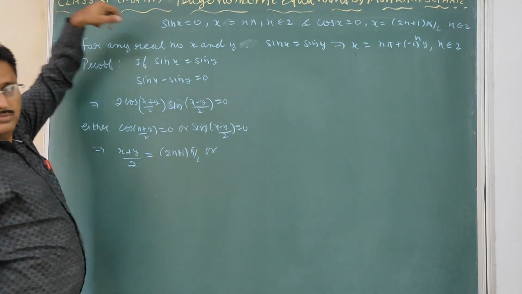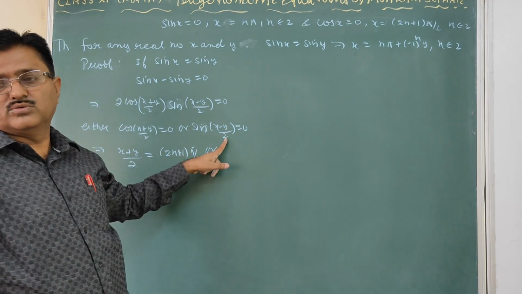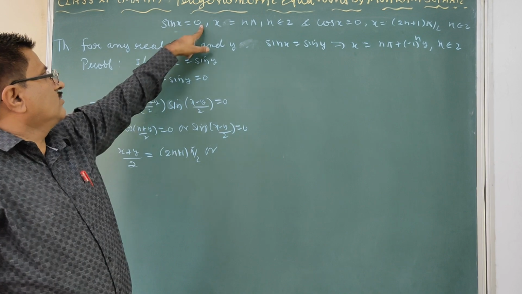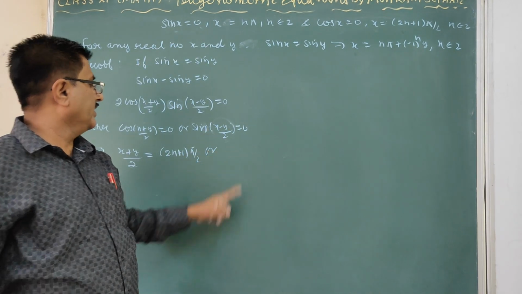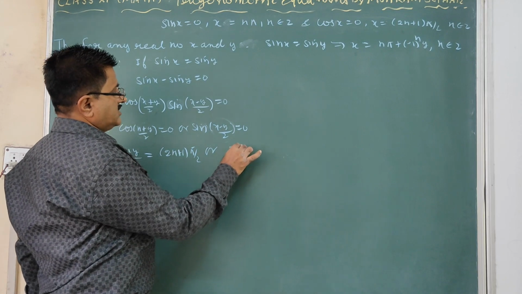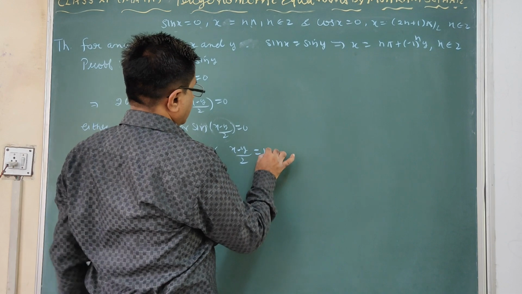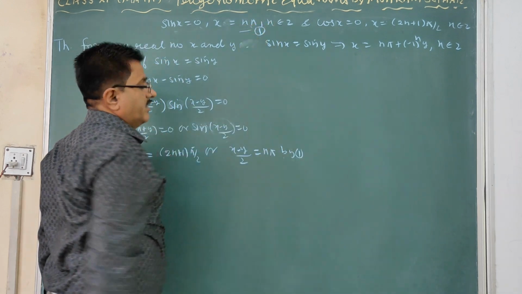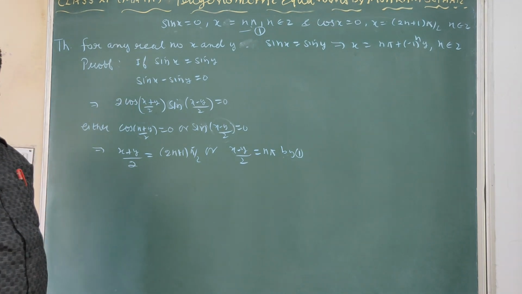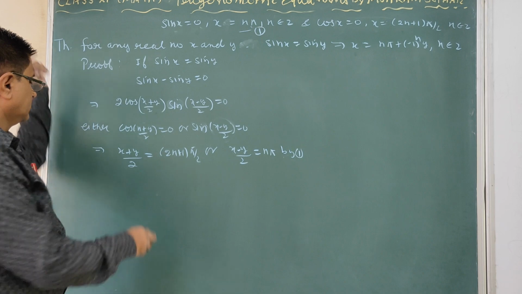Or similarly here you can say sine of x minus y by 2. So sine theta equal to 0, then theta equal to n pi, here x minus y by 2 equal to n pi. Clear? This is very important. Now from this you find the value of x.